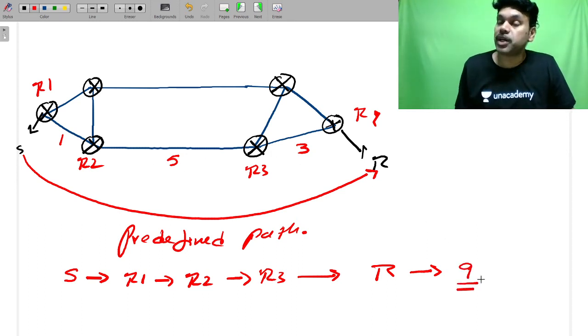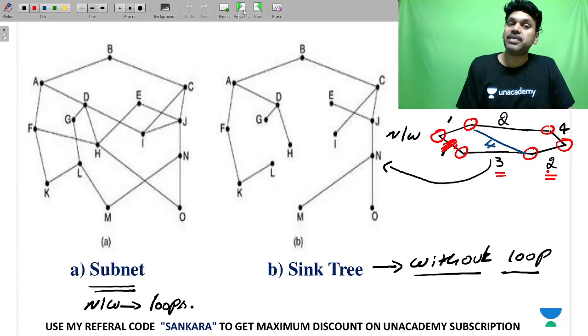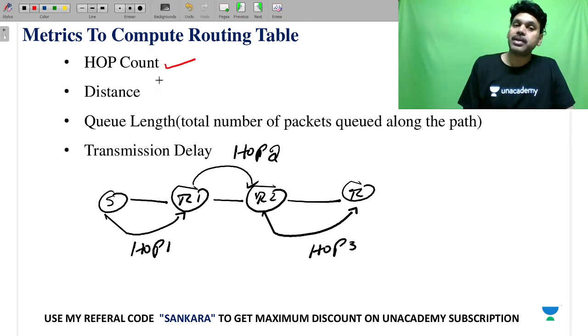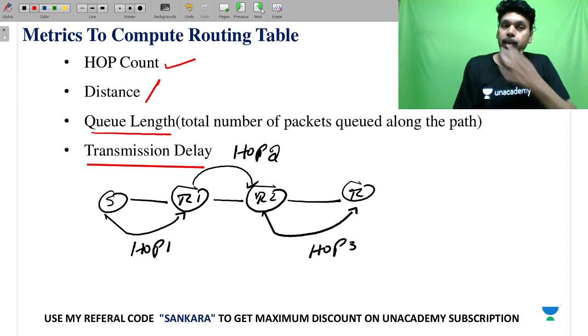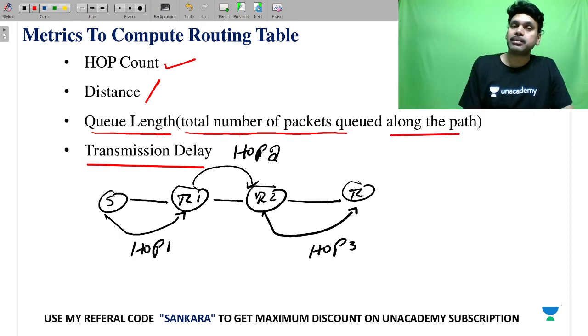It may be hop, or it may be distance, or it may be delay, because we have three different varieties of metric measurements: hop count, distance, queue length, and the other one, transmission delay. Queue length is nothing but the total number of packets queued along the path.